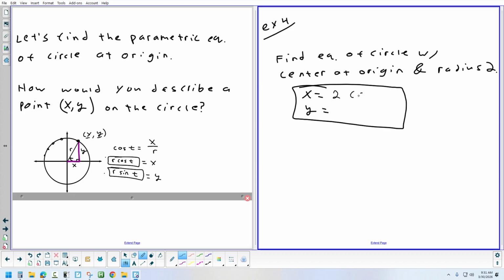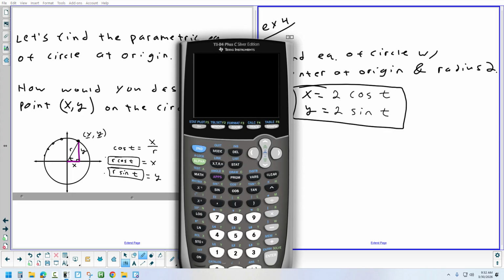So we're going to fill that in for x. And what would be the formula for the y value of the coordinate with a circle of radius 2? Yep. 2 sine t. So let's type that in and see what we've got.